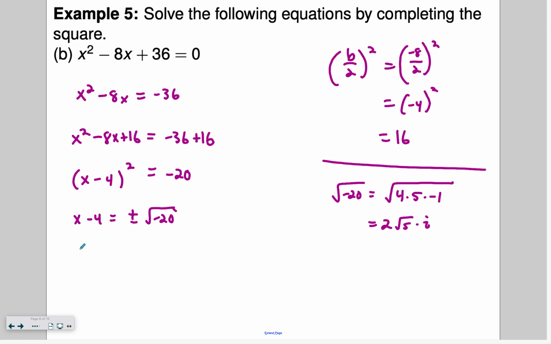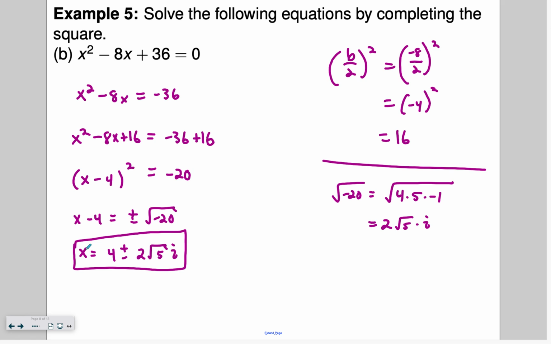So our final solution will be, add 4 to both sides, 4 plus or minus 2 times the square root of 5 times the imaginary unit. What? Sweet. Awesome. You don't have to add those or calculate or approximate because they're simplified. That's a complex number. That's how they're supposed to be written.